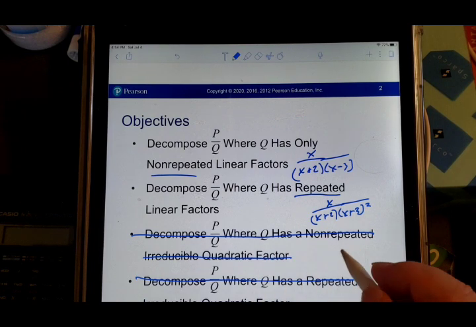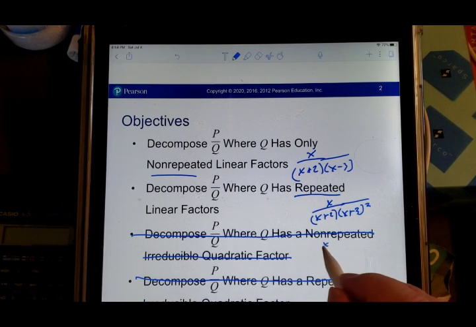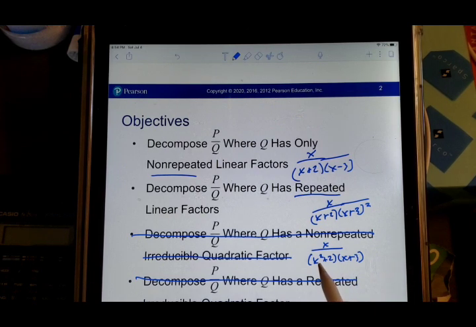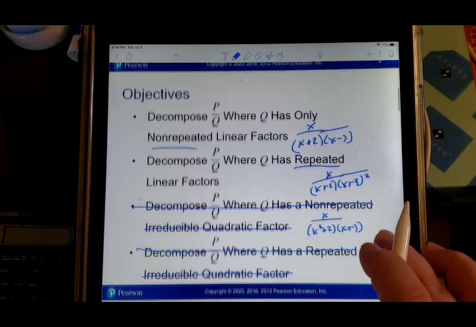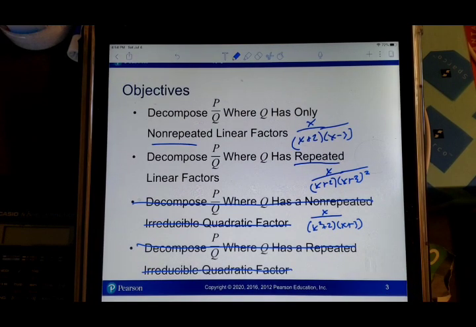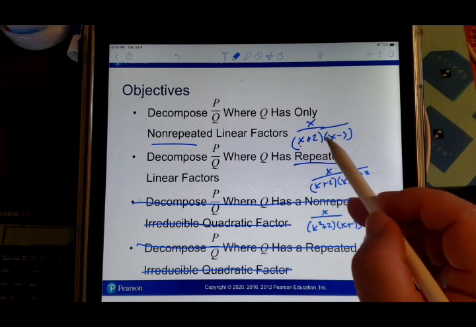An irreducible quadratic factor would be if I had x over, and let's say I had x squared plus 2. So notice where the square is. It's inside the parentheses, it's inside the factor, and so I cannot factor that further into just x and x.